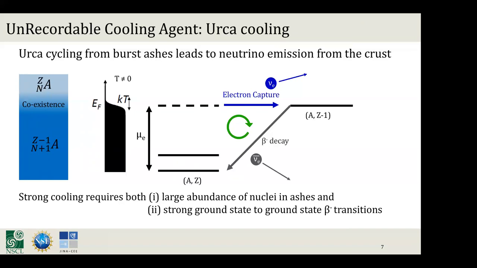Even though the temperature is not zero, it's not some absurd number either. That means you only have phase space for the electrons around the Fermi energy, so you cannot beta decay to excited states unless they are extremely low-lying, like 40 keV. For the most part, we don't really see that. So for a simplistic picture, we tend to talk about ground state to ground state beta decay transitions.